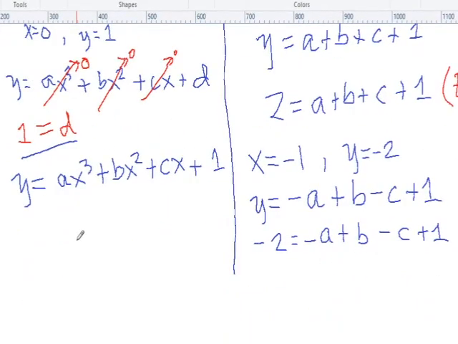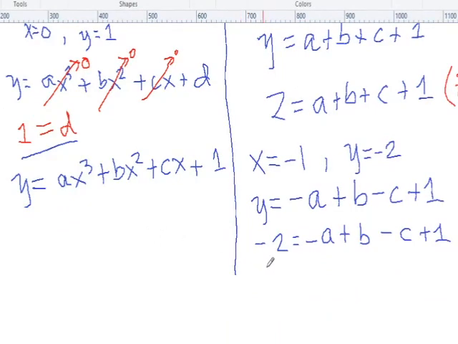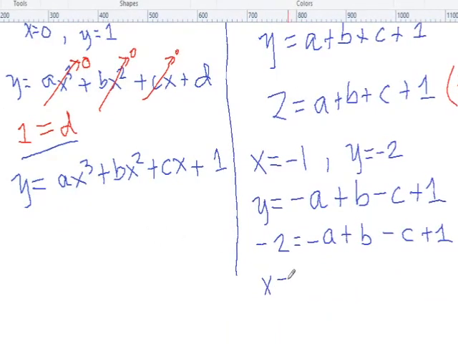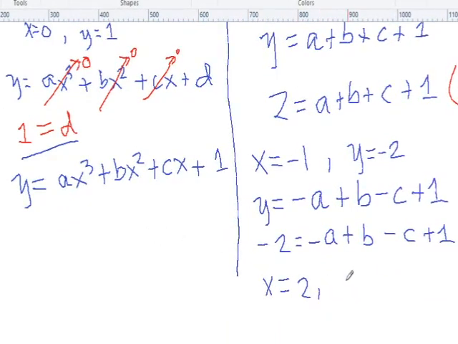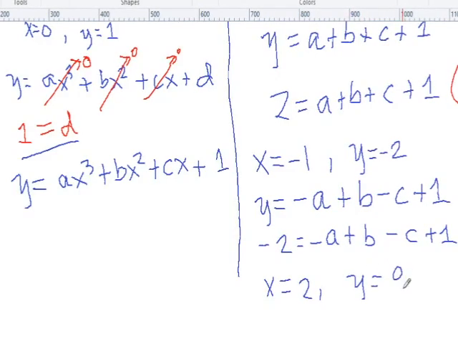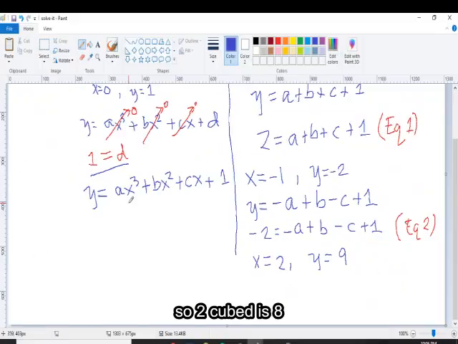So x equals 2, y equals 9. Substitute. 2 cubed is 8, 2 times 2 times 2, 8, so 8a. Next, 2 squared is 4, so 4b.